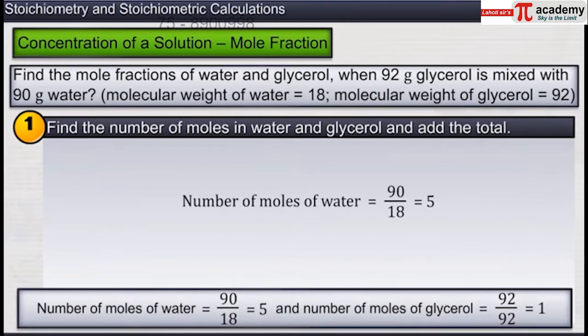The number of moles of water is 5 and the number of moles of glycerol is 1. We then add them to obtain the total number of moles in the solution. From the calculation, we get the total number of moles in the solution as 6.